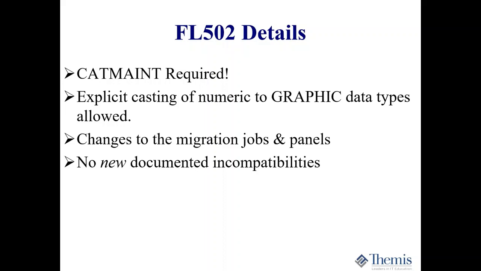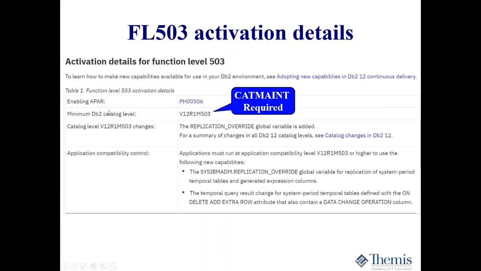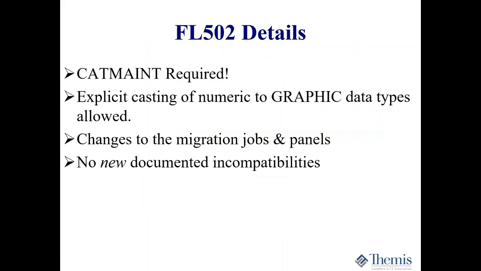There are other changes to the migration jobs and panels. The thing that is not on this list that probably should be is some encryption changes. And that was what the cat maint was for. Function level 503. Again, no new documented incompatibilities with function level 502.